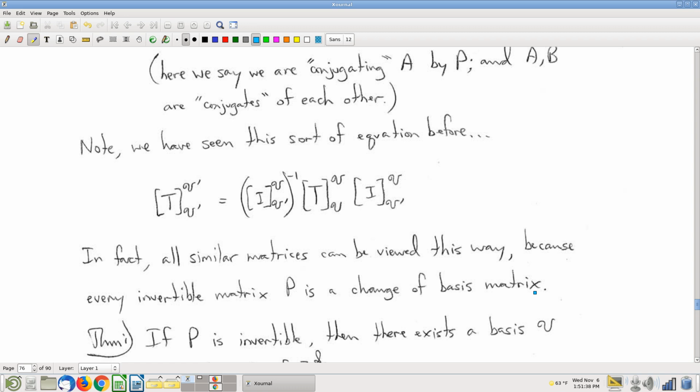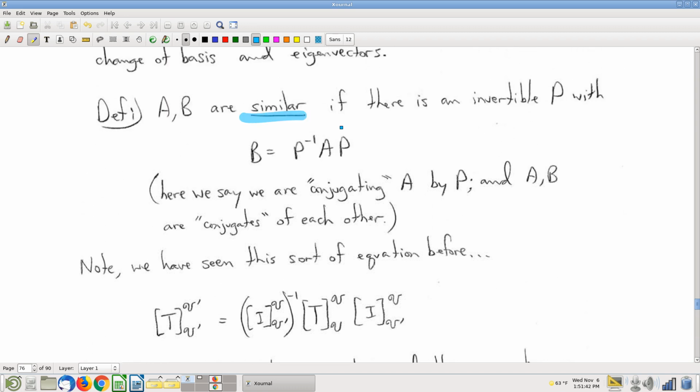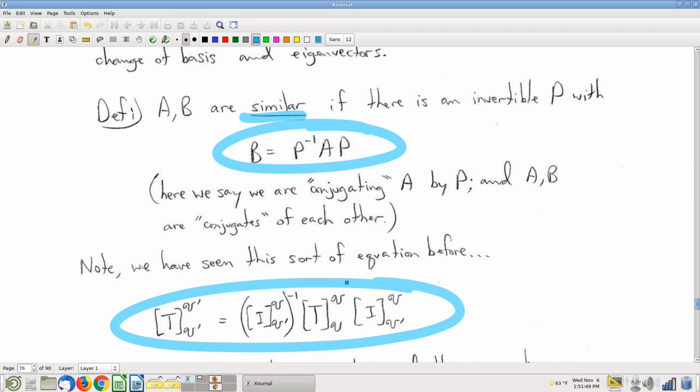similarity means one is a conjugate of the other. But it also means, as we saw on the previous page, that the two matrices ultimately represent the same linear transformation, just with respect to different bases. Or, as I also like to say, the two matrices represent the same linear transformation, just in different languages.